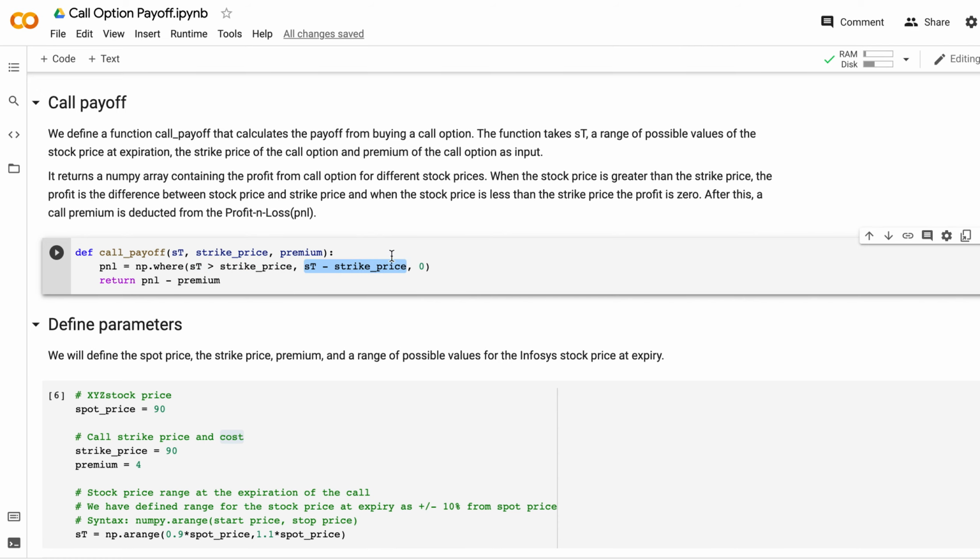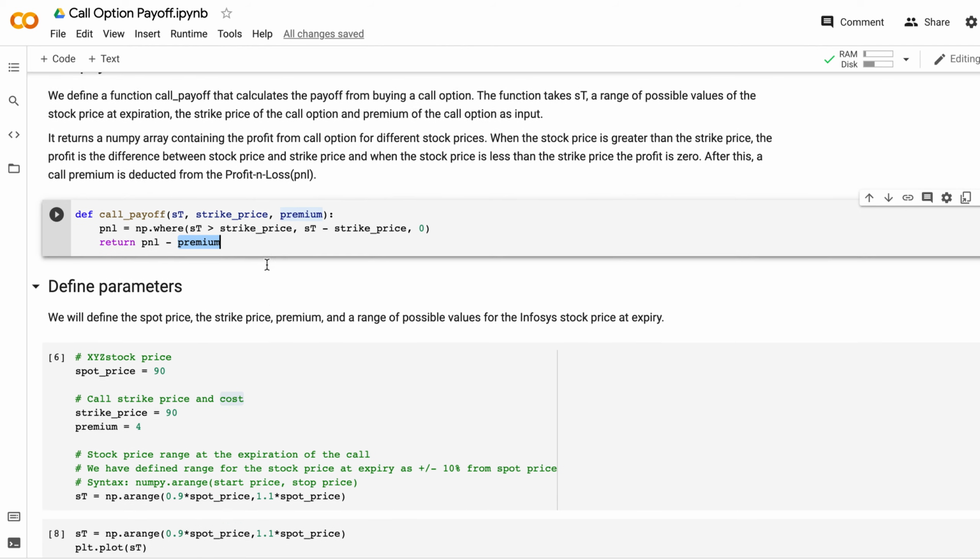If it's not true, then we say zero because we don't pay, right? The only thing that we have to consider is at the end the P&L minus the premium. That's the cost of the option, right? If you look at the option chain, you will see the associated cost for owning a specific call option. That's why we have to deduct, right?